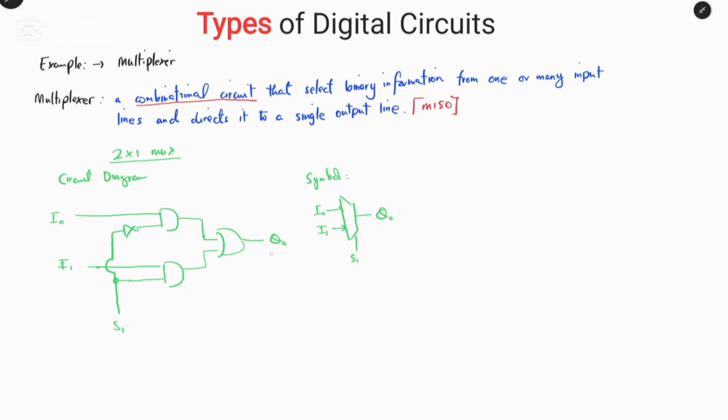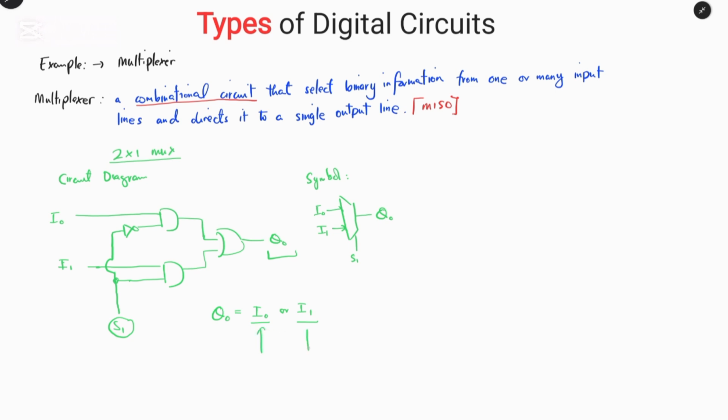So we can find the response of the system such that Q0, which is the output, will be I0 or I1, because due to the select line it will select either I0 to appear at the output or I1 to appear at the output.